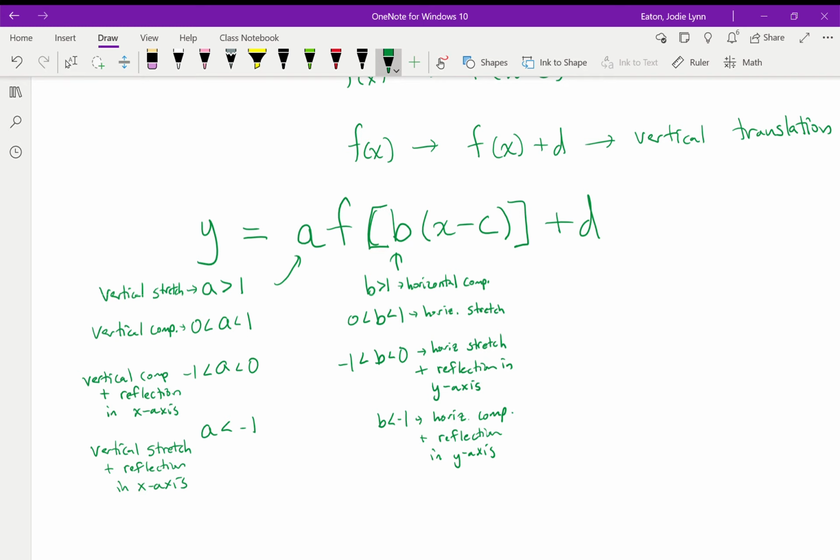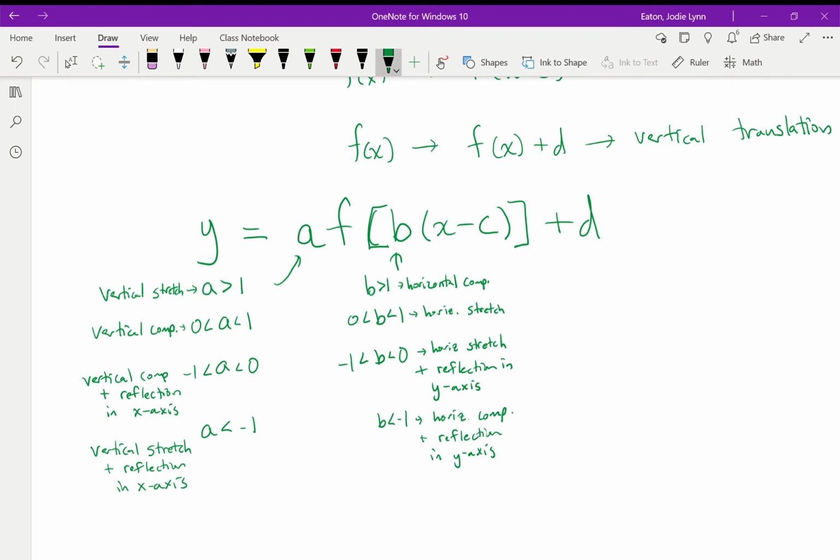So one thing you might have noticed is that changing b for y equals x squared didn't actually change anything. You could change what the x was inside the brackets, and you would do like -2x in brackets squared, and you would still get a positive number. So one thing just to be aware of is that that's going to happen.